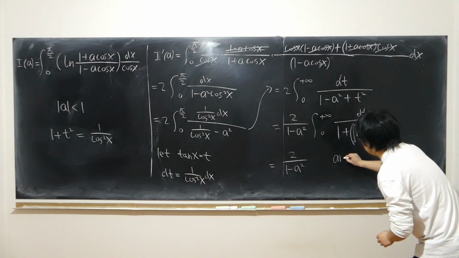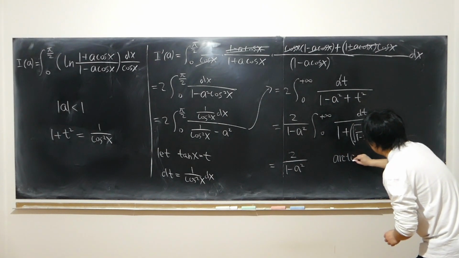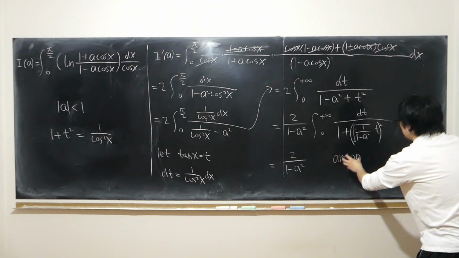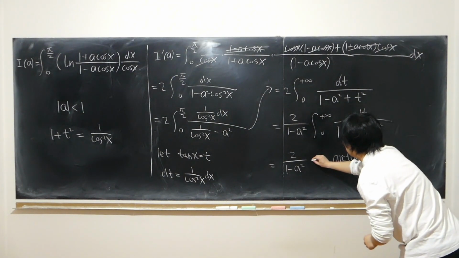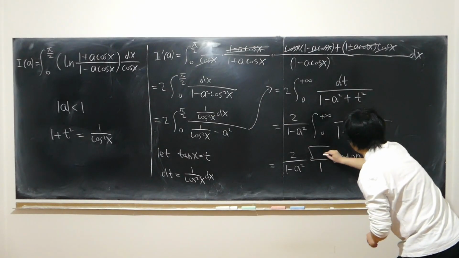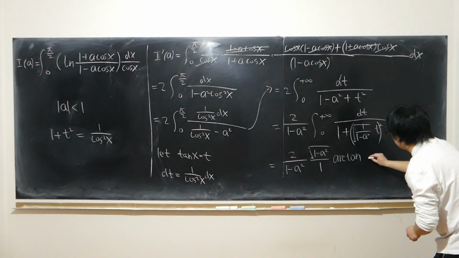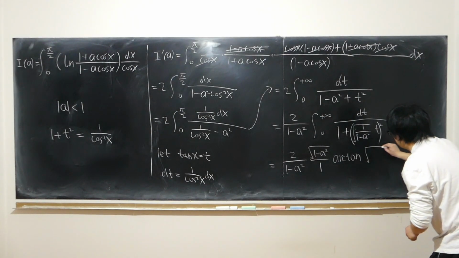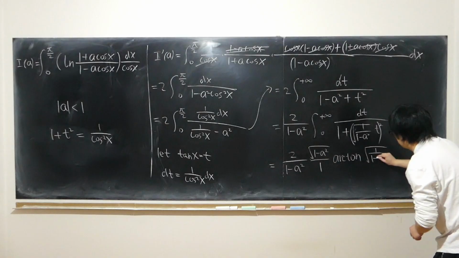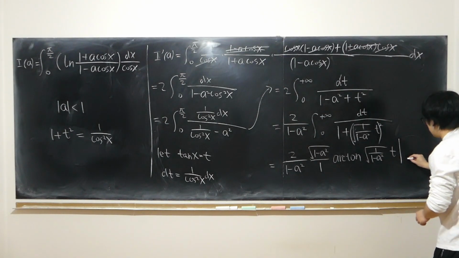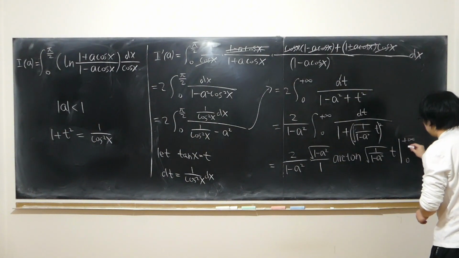So simply arctangent of this inside, then multiply by its reciprocal. Reciprocal is just square root of 1 minus a squared. Inside here we have this t from 0 to positive infinity.